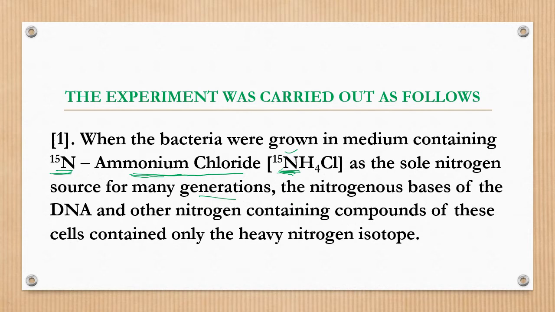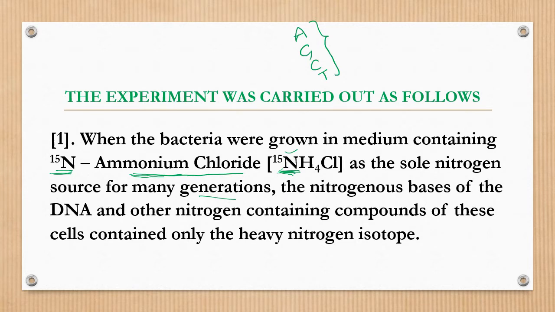The nitrogenous bases of the DNA and other nitrogen-containing compounds of these cells contain only the heavy nitrogen isotope. Nitrogen bases are adenine, guanine, cytosine, and thymine, and they require nitrogen.